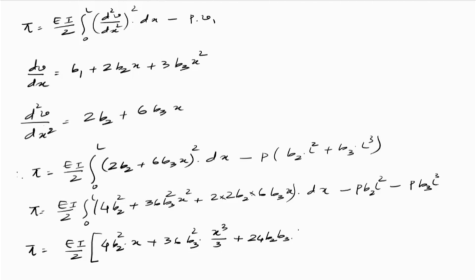Now integration of x is x square by 2, from 0 to L, and minus P B2 L square and minus P B3 L cube as it is.